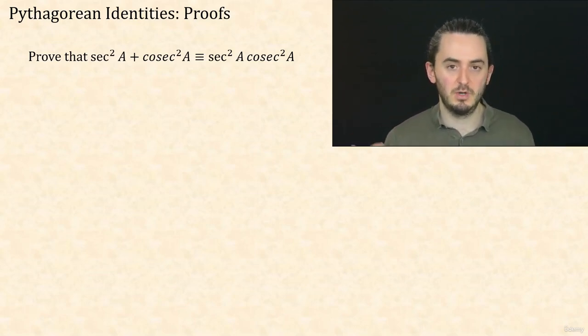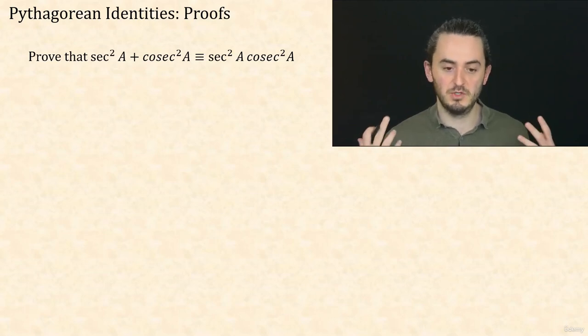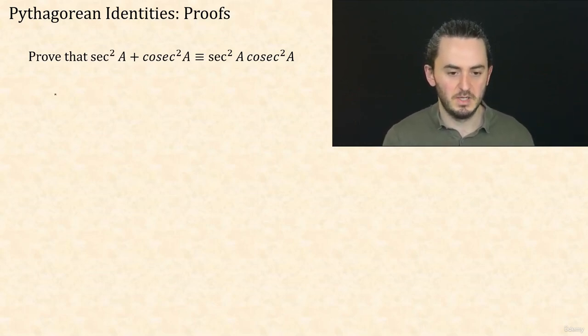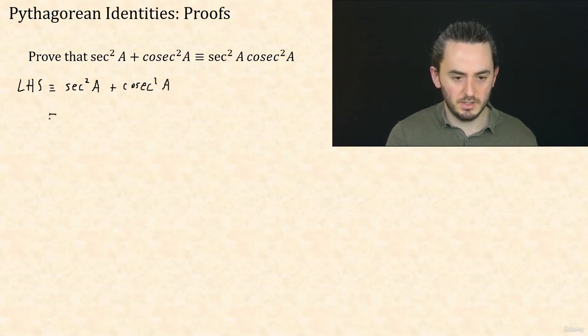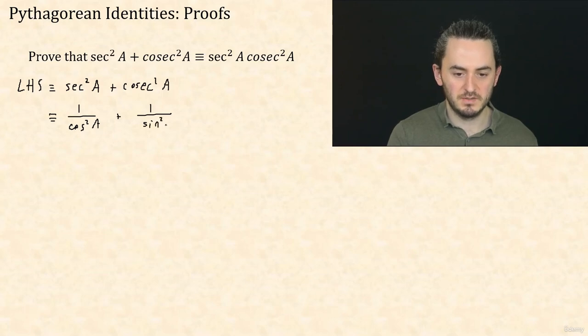Whenever you see that, you're probably going to go down the algebraic fractions route, which is to express your two terms that are added as fractions and then find a common denominator and combine. Let's see how that's done. So the left hand side is sec squared a plus cosec squared a. I'm going to split that up into 1 over cos squared a plus 1 over sine squared a.